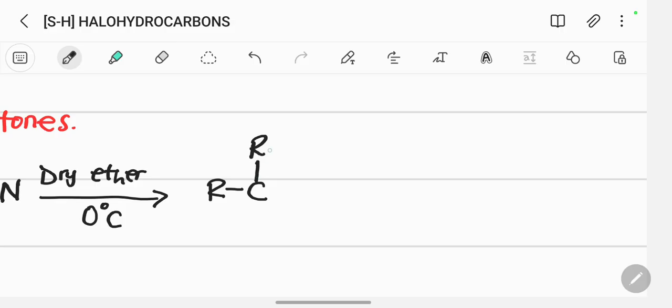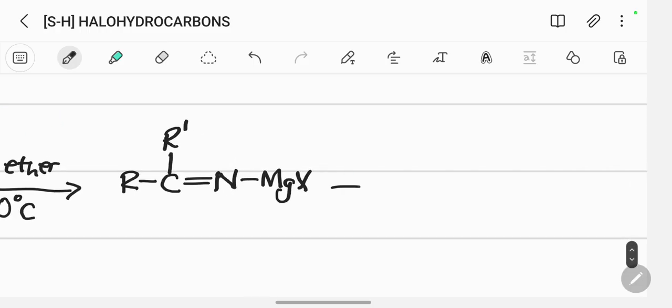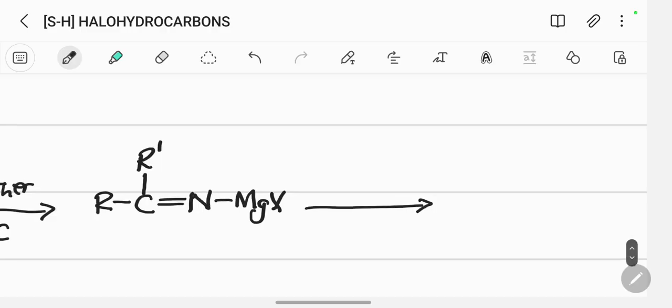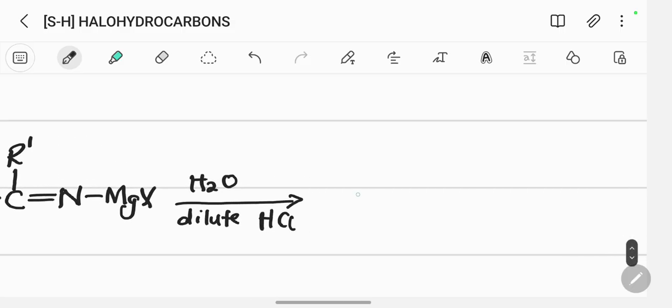We remain with R prime and 2 bonds there, and that bond is going to be taken up by magnesium and that halogen it's moving with, such that when I add there water and dilute HCl, I end up with R, C.